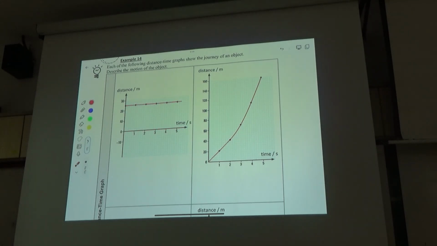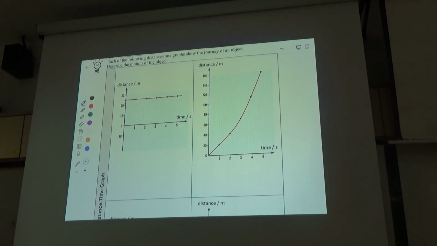So there's no change in the distance, therefore you are not moving at all. So therefore we say here that the object is at rest and not moving. Either you say that it is at rest or you can say that it is not moving.